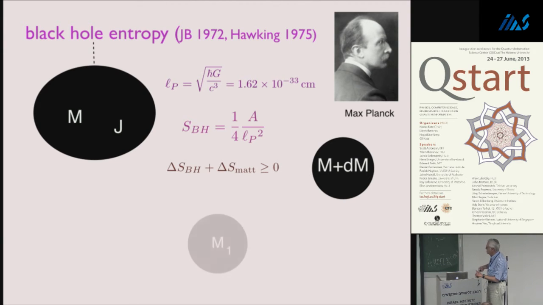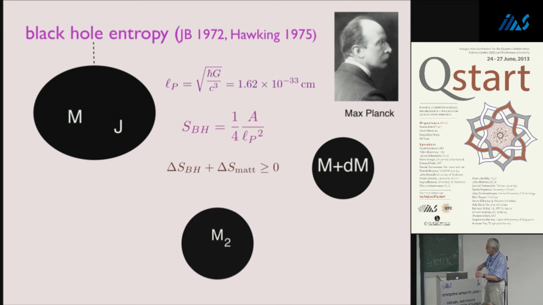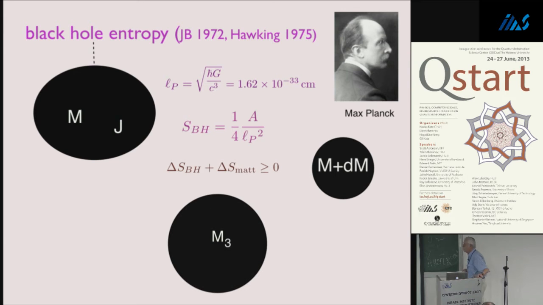Let's take a second example, a black hole of mass m1, and a second black hole of mass m2, which merges with it and produces a somewhat bigger black hole. There is a theorem by Hawking from about 1970 which says that the change in black hole entropy, actually in areas, but the change in black hole entropy, which is the only kind of entropy here, at the end of the process is bigger than the sum of the black hole entropies before the merger.